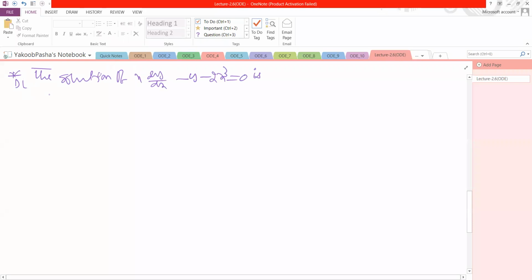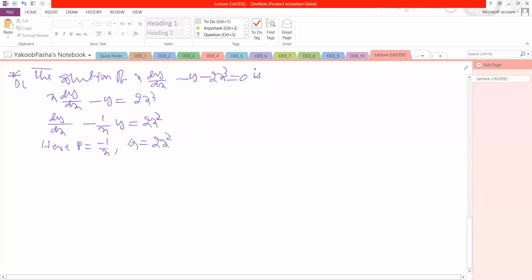First of all, I am writing the given differential equation as x dy by dx minus y is equal to 2x cube, taking minus 2x cube to the other side, and dividing with x. So dy by dx minus 1 by x times y is equal to 2x square. Here we can write the p value, that is minus 1 by x, and the q value is equal to 2x square.